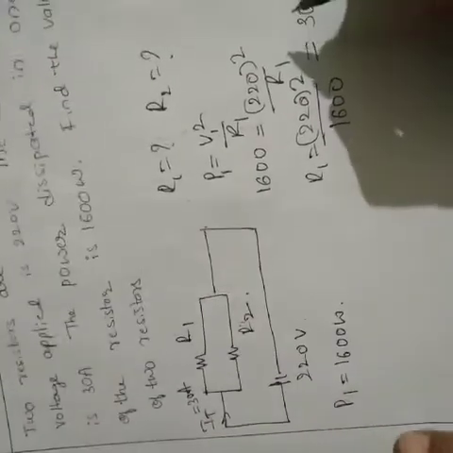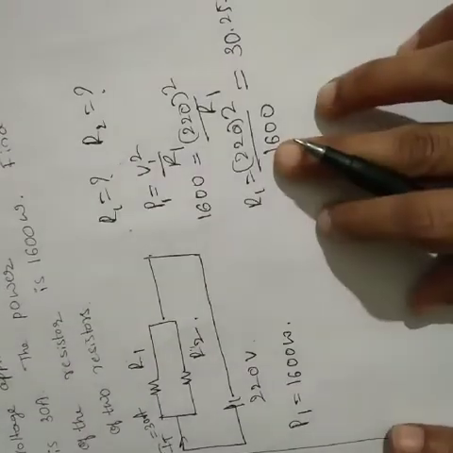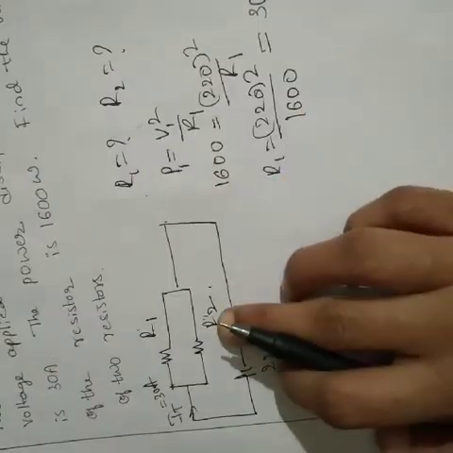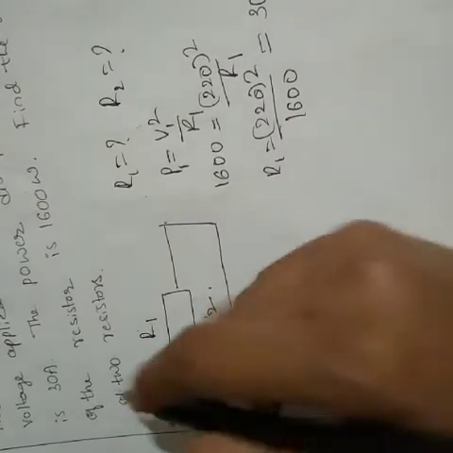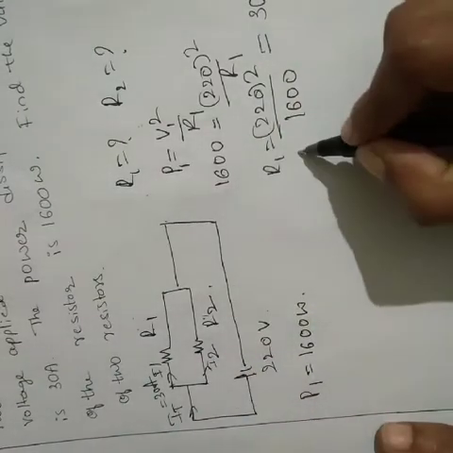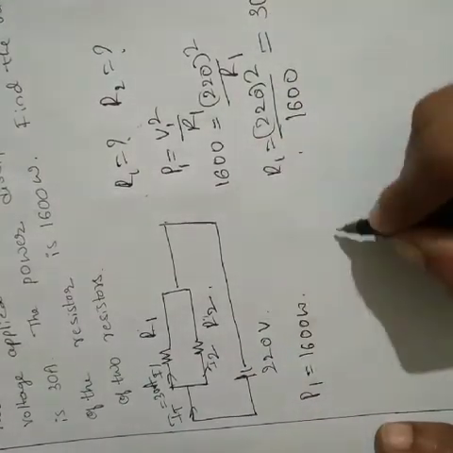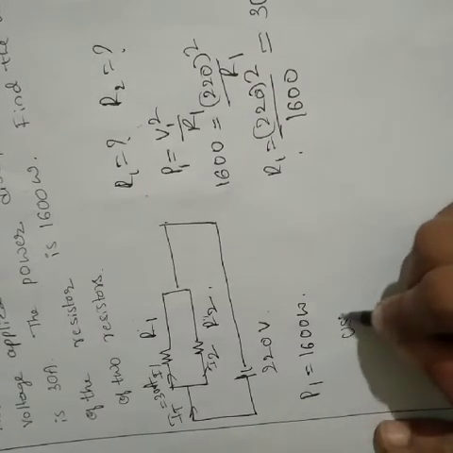Therefore, R1 becomes 30.25 ohm. This is your first resistor. Then find R2. The total current is given as 30 ampere. This is your I1, this is your I2. R1 is found, V1 is there. Then you can easily find I1 using Ohm's law.